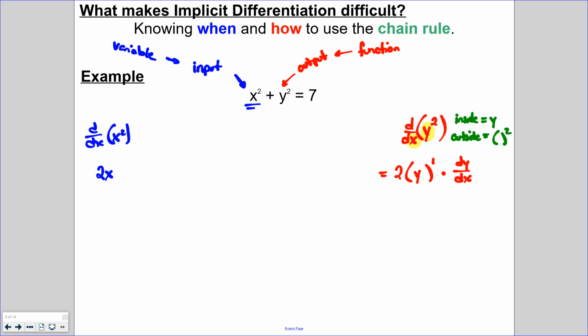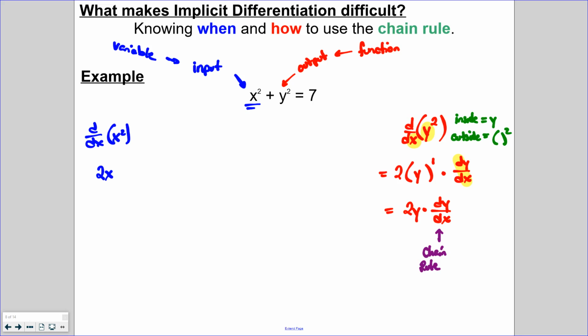So therefore, this dy over dx has to stay there. And we'll talk a little bit about this more as we continue solving these problems. But we can rewrite this then as being 2y times dy over dx. And again, we need this dy over dx because it represents the chain rule. It is the derivative of the inside function.